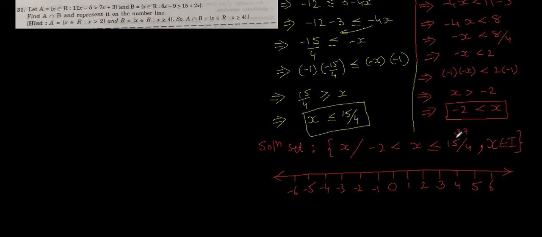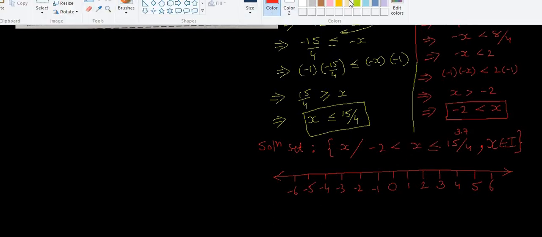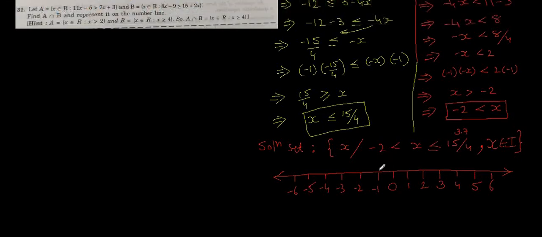So here we can count 3. So here minus 2. Where is minus 2? Here is minus 2. And it is less than x, so it becomes this part. I'm going to put it with another color. So here minus 1, then 0, then 1, then 2, and then 3, because it says x belongs to I.